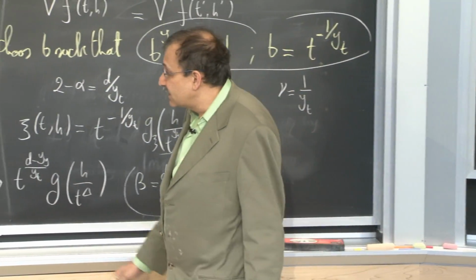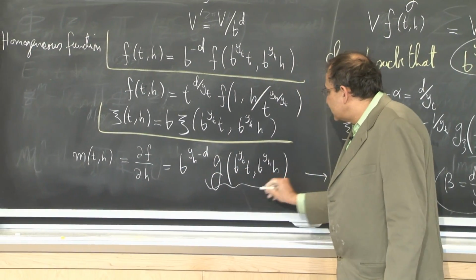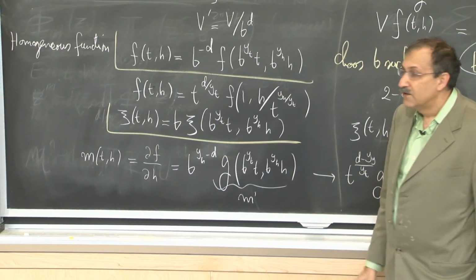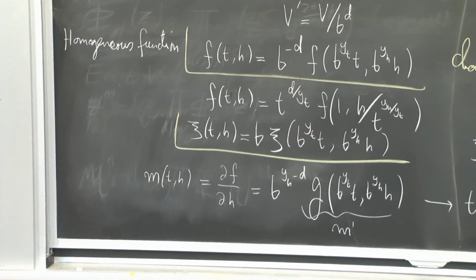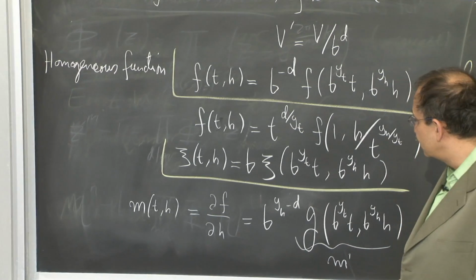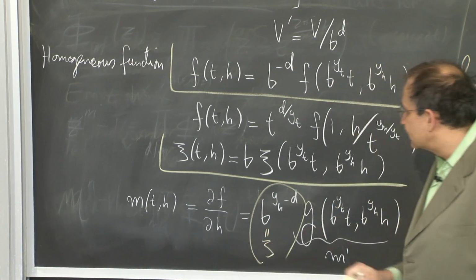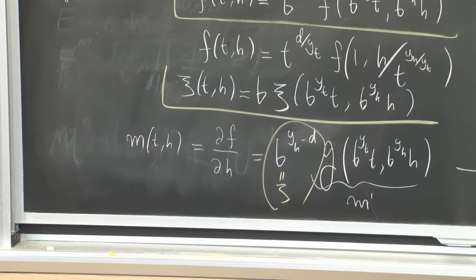But we can see that already we have the analog of a rescaling for m. And so it is easy to look at those two equations and identify that my zeta should be precisely this form.